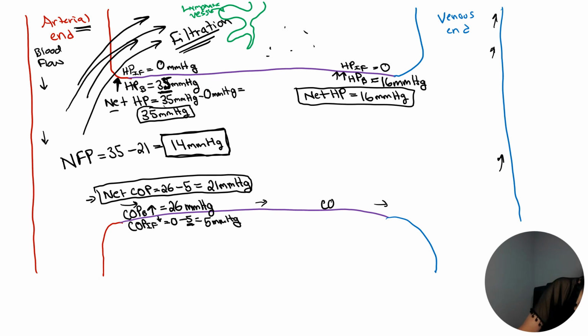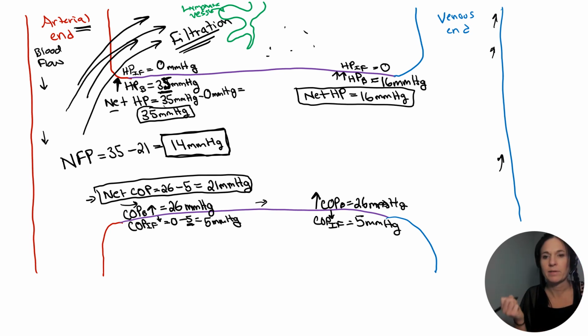So we can say blood colloid osmotic pressure, which is the pull, is the same. And same out here, right? There's much less, so between 0 and 5. So we'll just use 5 again.